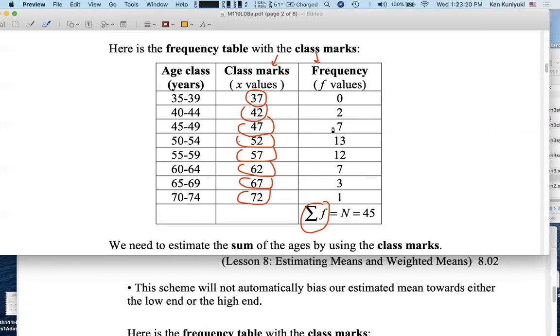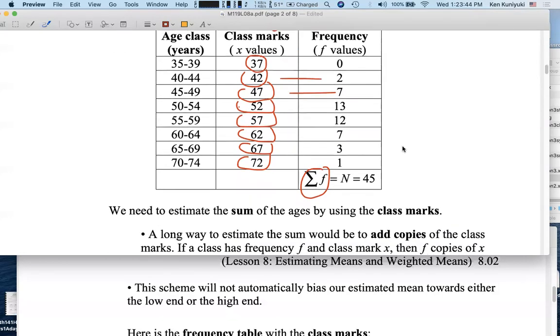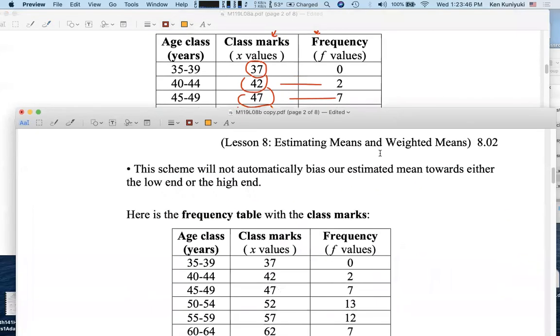And these 7 ages, we're assuming, averaged to 47 years, or more simply, they were 47 years. Whether you think of the 7 ages as being exactly 47 years or just averaging to 47 years, we're going to end up with the same result, and so forth. So if we do that, here's what we get.